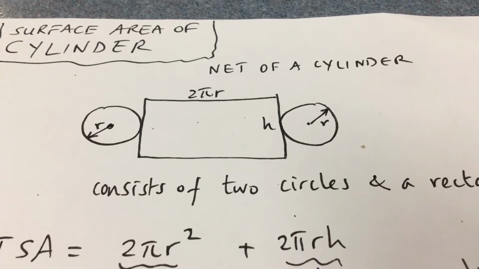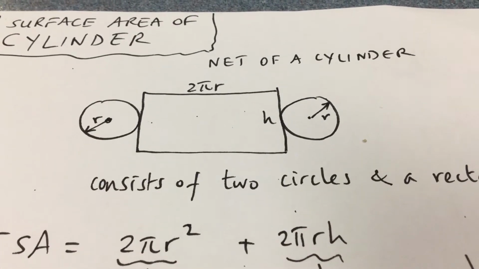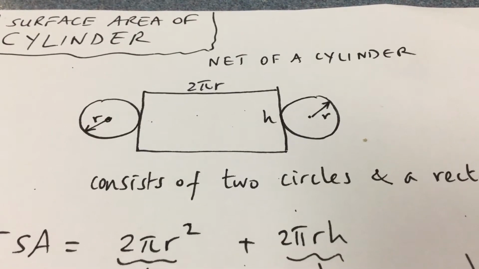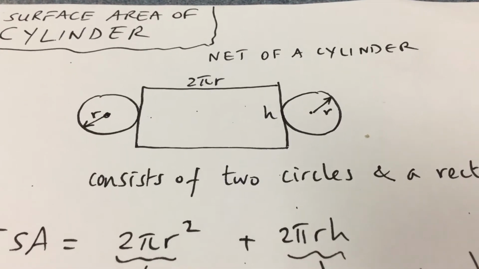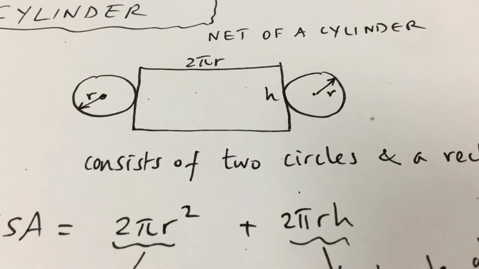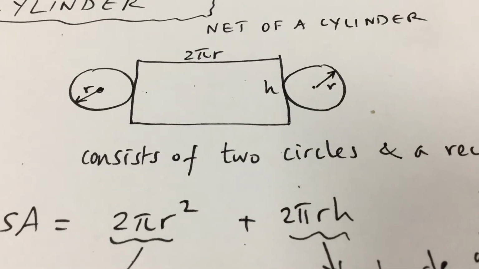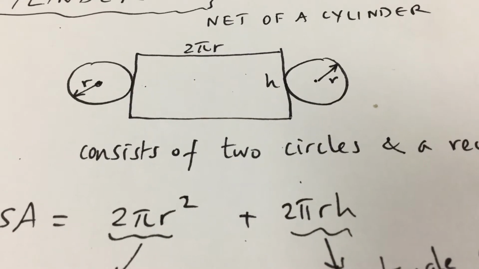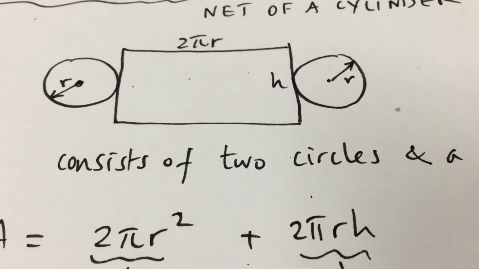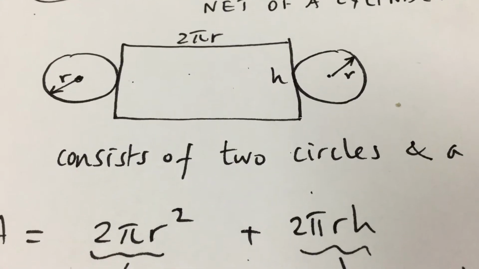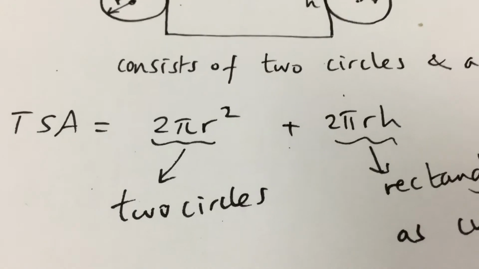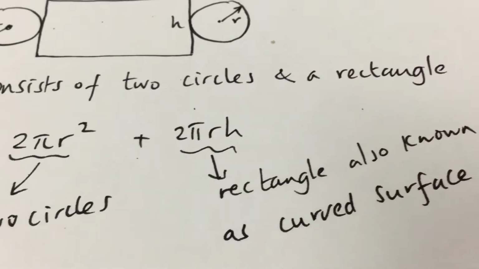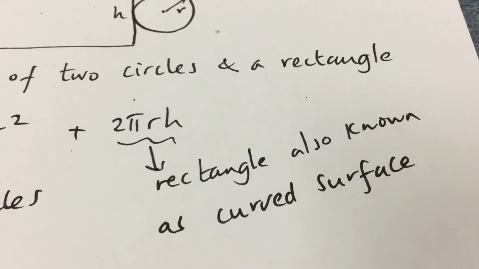If you find the area of each one of them and add them together, that will give you the total surface area. So as you can see here, the total surface area is given by 2 pi r squared plus 2 pi r h. 2 pi r squared for the two circles and 2 pi r h for the rectangle, which is also known as the curved surface.